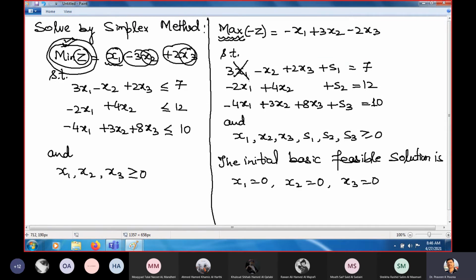And if we do that, what will we get? S1 is equal to 7, S2 is equal to 12, and S3 is equal to 10. This is the initial basic feasible solution.